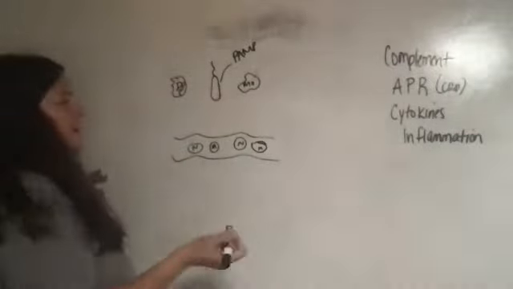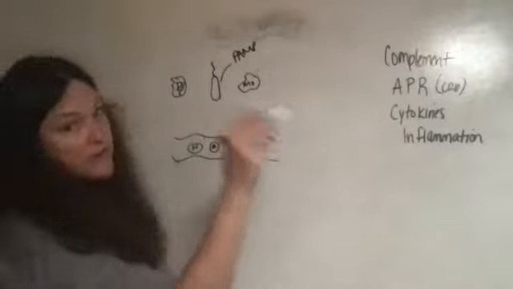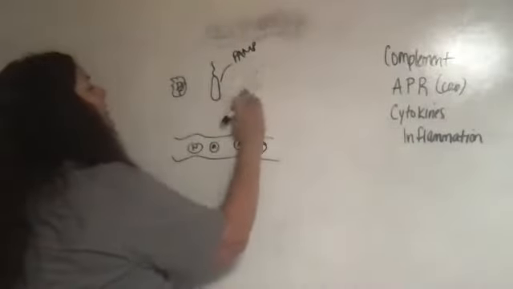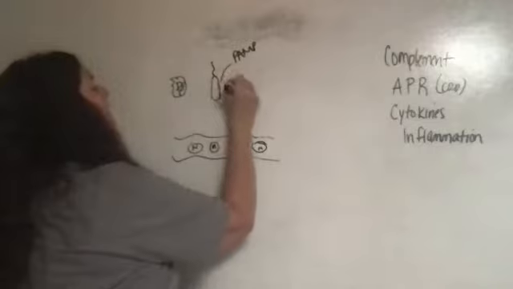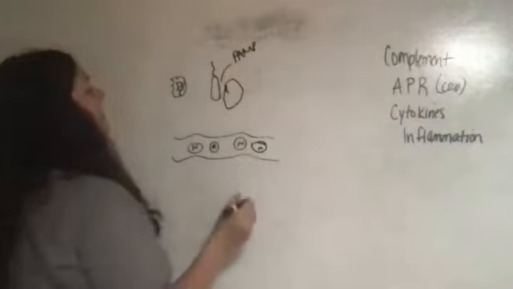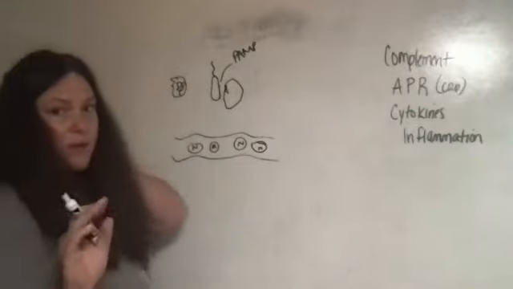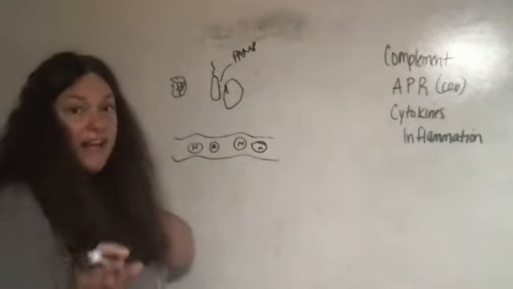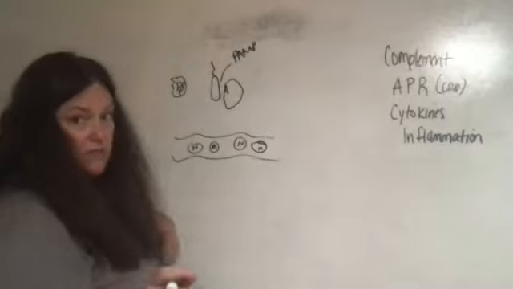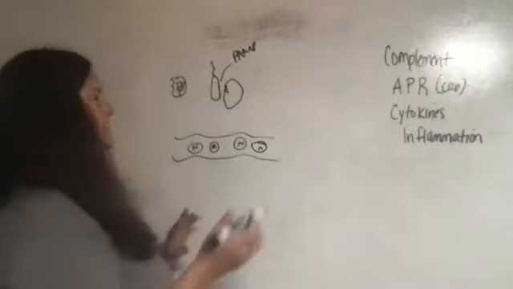So this macrophage swims over, and it has, remember, MHC2, which we'll deal with later, but it has pattern recognition receptors, pathogen recognition receptors, right?